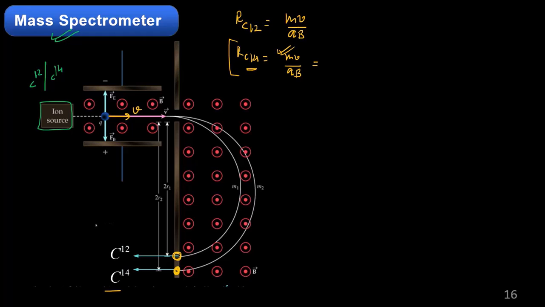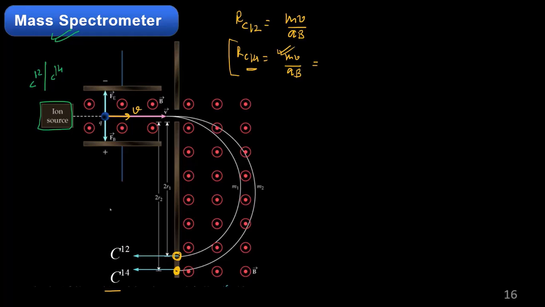Why? The radius will be different for the two different particles, because the two particles are different. Mass-wise they are different. Since the masses are different, they will come out at different locations, and now I can separate the C12 and C14. So this is known as the spectrometer. A spectrometer uses the basic principle of deflection of a charged particle in the presence of a magnet.